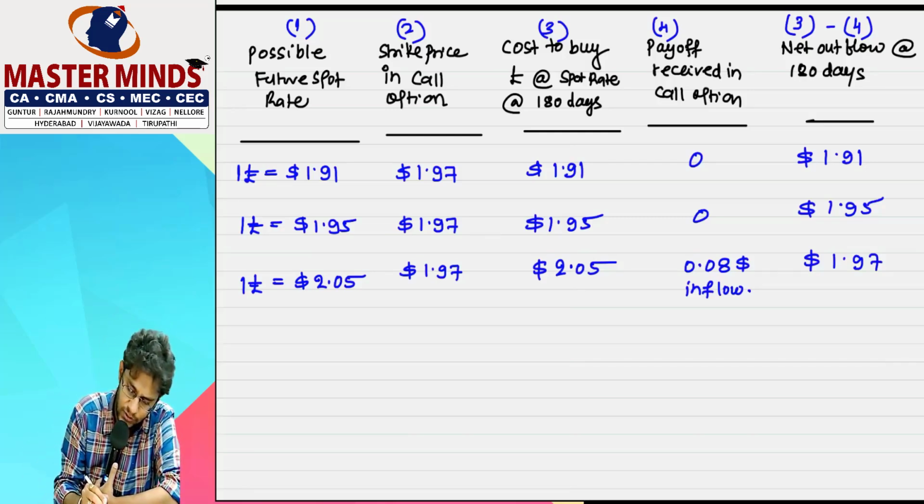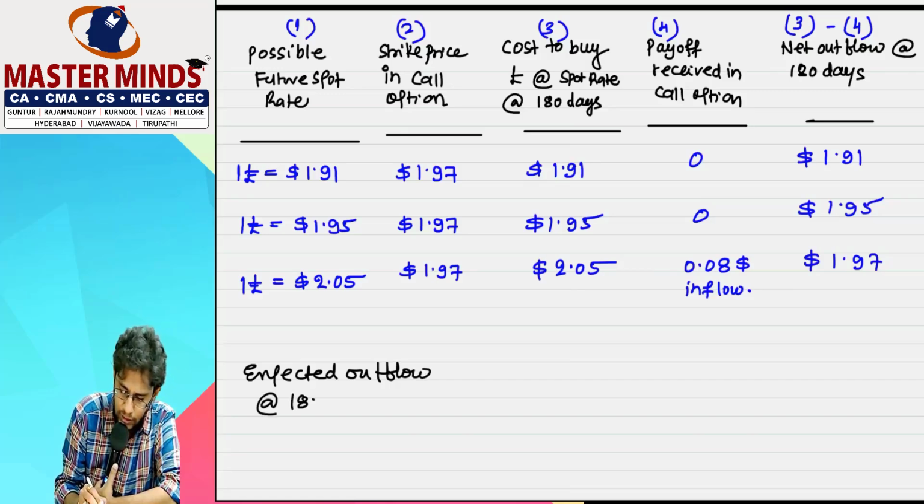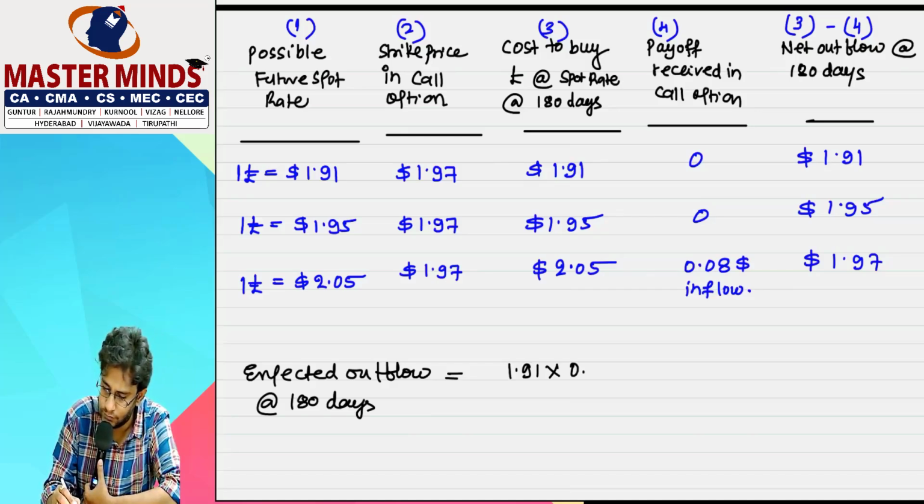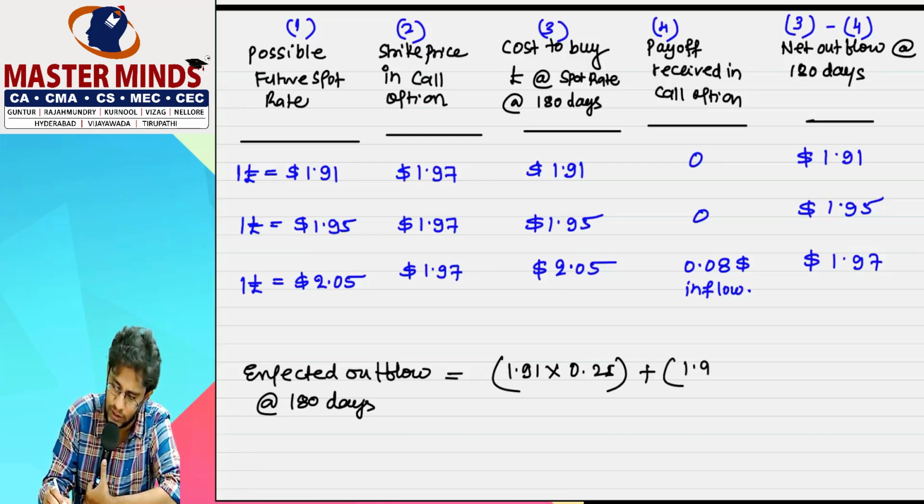Outside the table you write expected outflow at 180 days equals 1.9. What is the probability given? 25%. You can multiply with 25% directly.